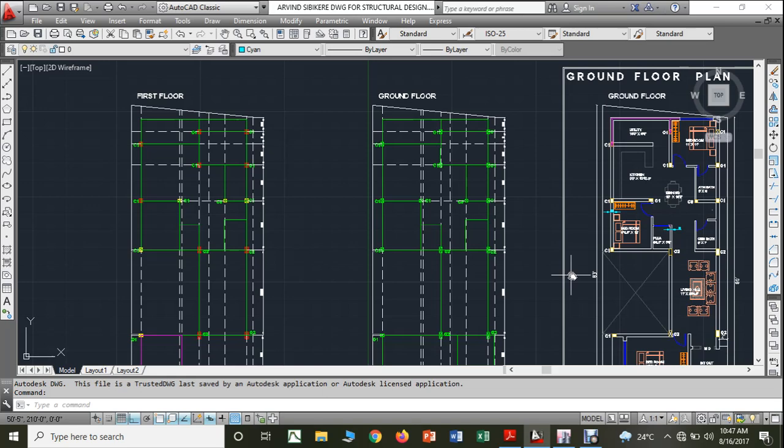dimension. One thing we have to make very clear is that for the beam, the two dimensions we are supposed to take are the breadth and depth of the beam.